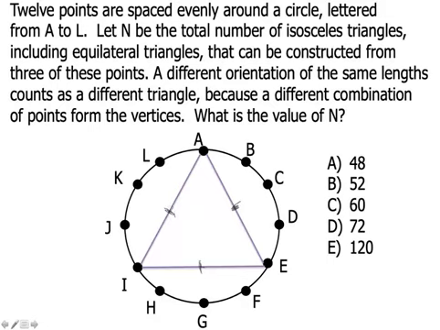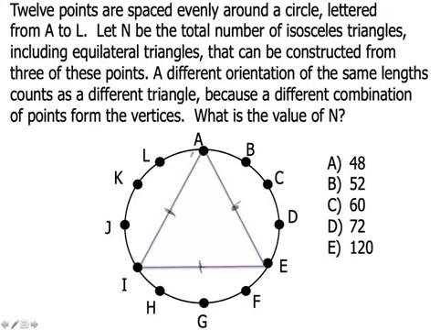So that's an equilateral triangle. Again, this might seem confusing since they say, a different orientation of the same length counts as a different triangle. They are not saying that you can count the same triangle multiple times. The triangle AEI is the same triangle as the triangle EIA.